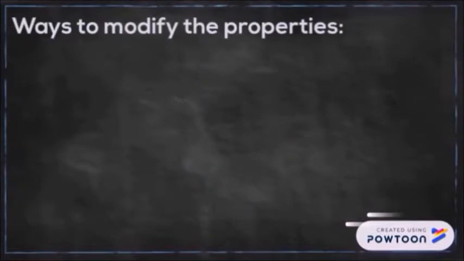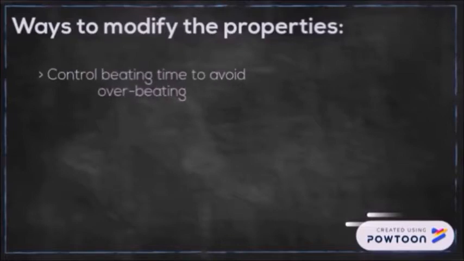So now, the question is, how can we overcome this? There are a few ways to modify the properties. These include controlling the beating time to avoid overbeating. The foam volume increases as a function of the beating time. Egg albumen forms unstable, dry foams after prolonged whipping, which can result in a drained material of poor whipping quality.